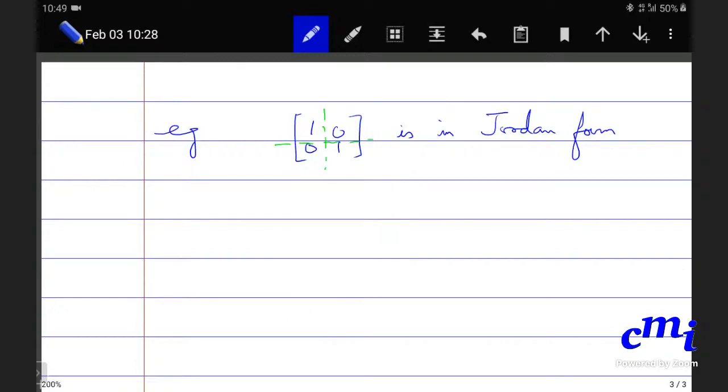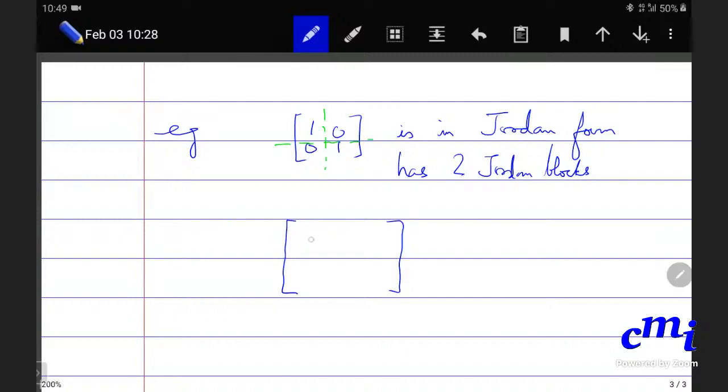So it has 2 Jordan blocks. This is true in general: the n by n identity matrix has n Jordan blocks.